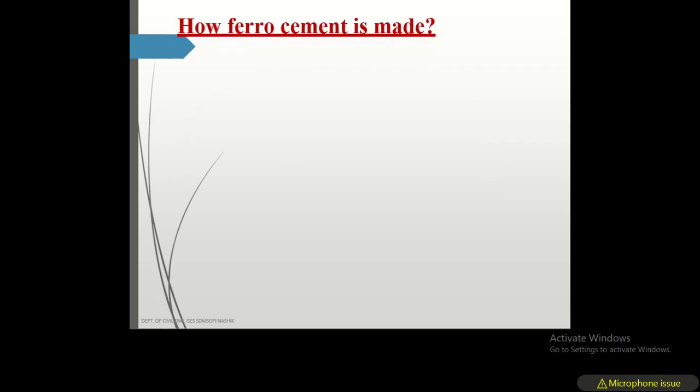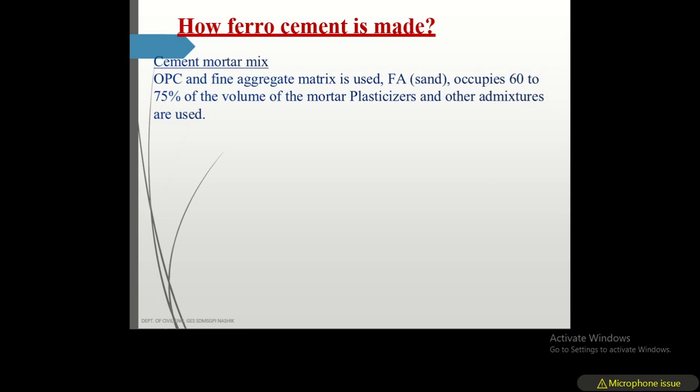Now how is ferrocement made? For that we require cement mortar mixed of OPC, that is ordinary Portland cement, and fine aggregate matrix is used. Fine aggregate occupies 60 to 70% of the volume of mortar. Plasticizers and other admixtures are used.